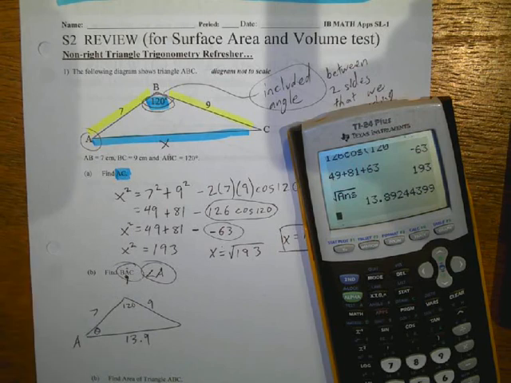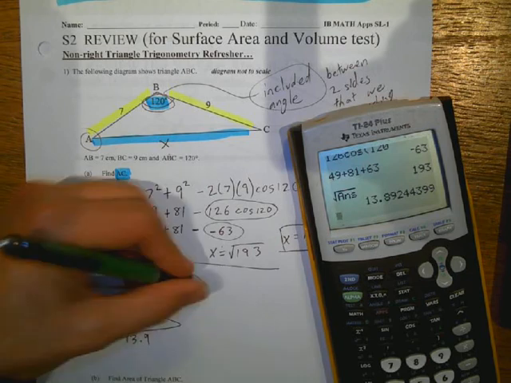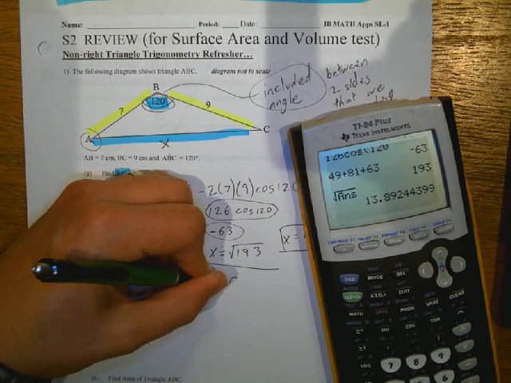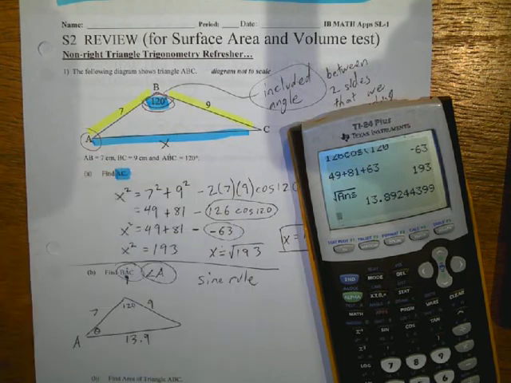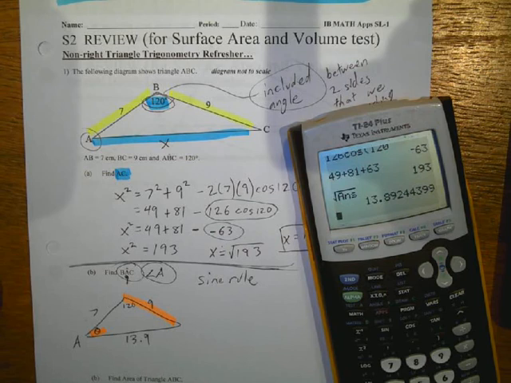Okay, so I'm going to have to use the sine rule. And the reason I know that is I've got some different colors. This angle and an opposite side, and we've got this angle here and an opposite side.